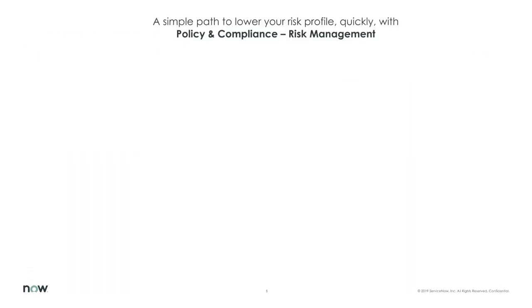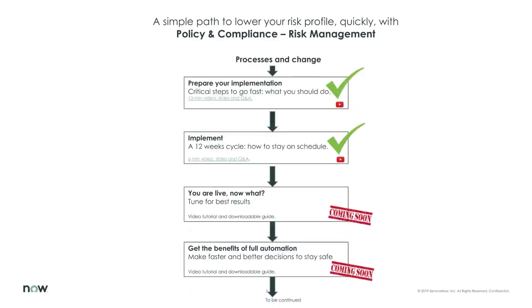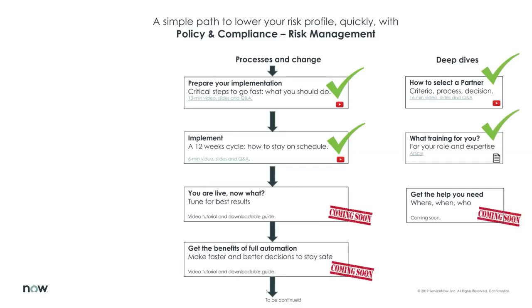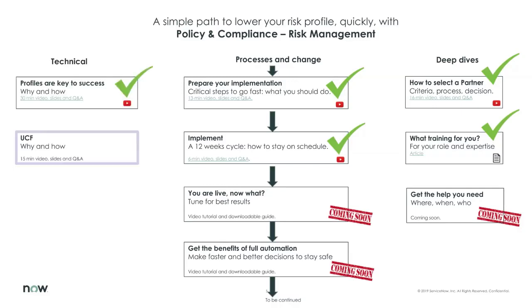You will also remember that these first steps to maturity level number 1 are structured in a knowledge framework that we put together for our new customers. At the beginning and in the center of it all, you will find the tutorials that cover all you need to know regarding process and change management, with some important deep dives showing here on the right side. Recently, we added to this framework a technical stream, and today the focus inside of the technical stream is the all-important UCF. That's right. We're going to see how they get to combine with our profiles in that video that you saw with Eric earlier.